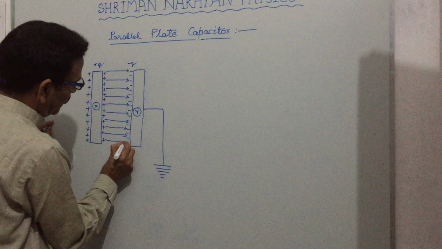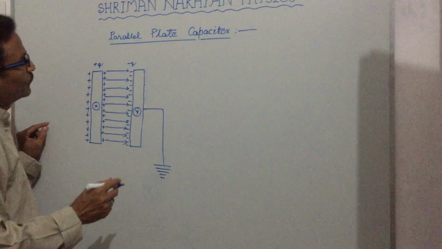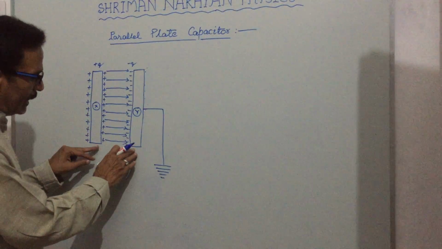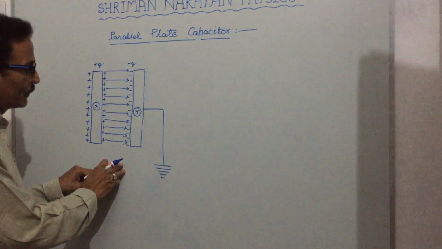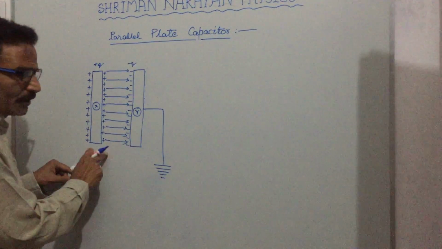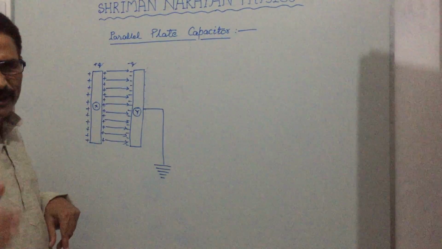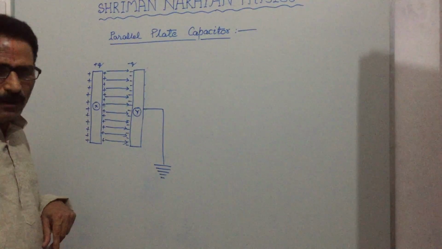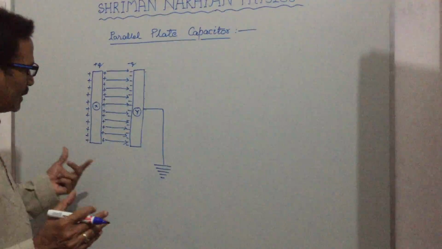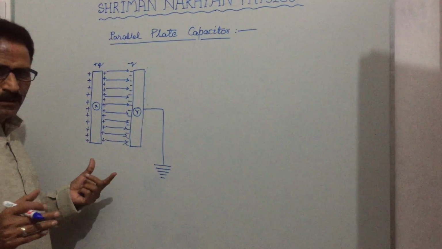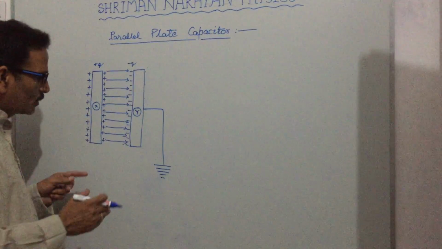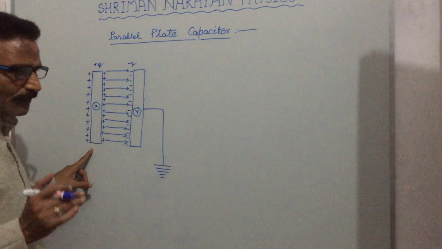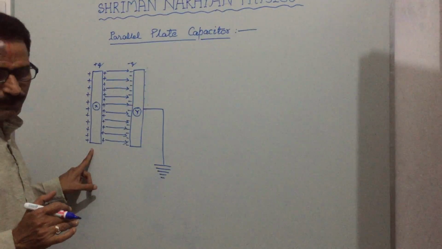Now, one thing I would like to discuss is that the field at the ends of these two plates, that is in this position, is very weak and negligibly small. A special name is given to the electric field produced near the end points of the plates, and this field is called the fringe field.